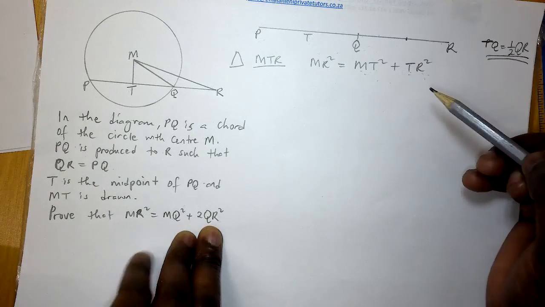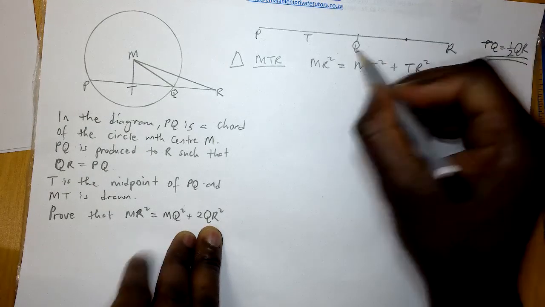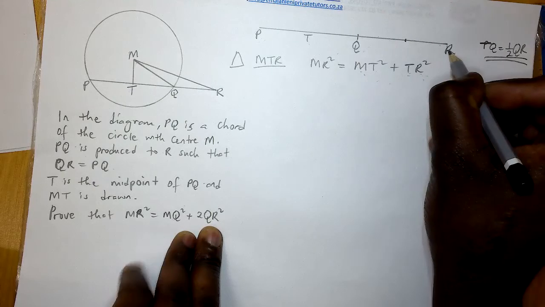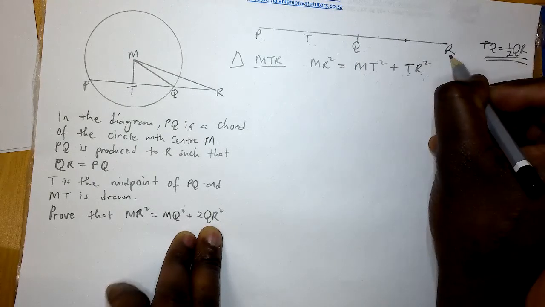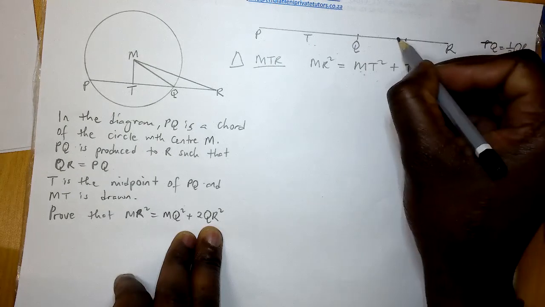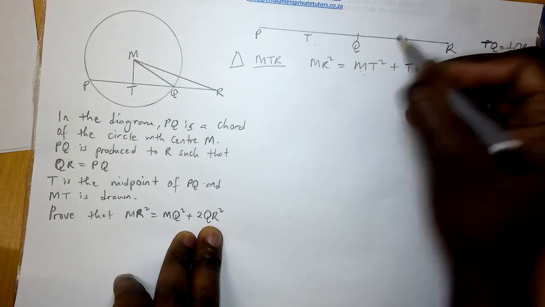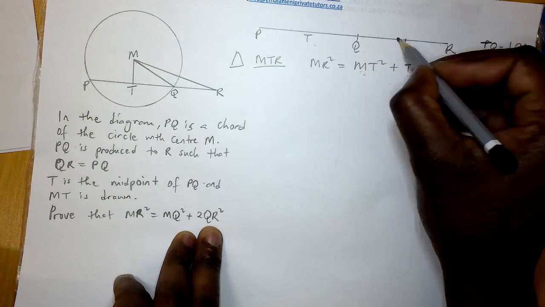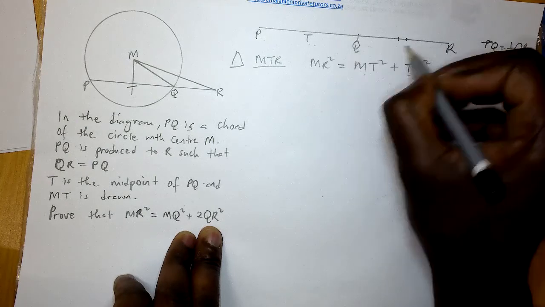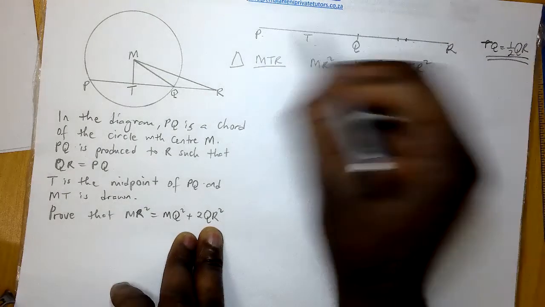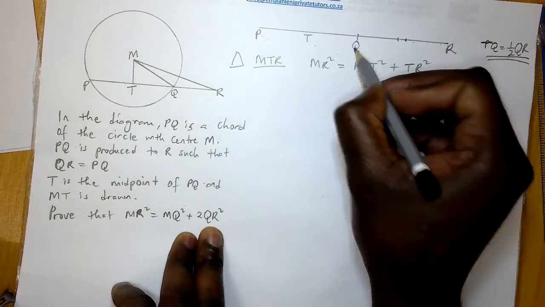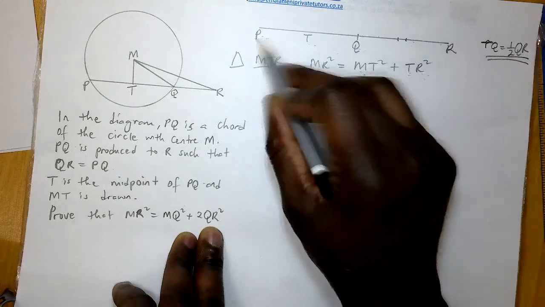So what do we need to do now? We know that QR, in terms of TR, what is it? We are told that these two are equal, so Q is actually the midpoint of PR.